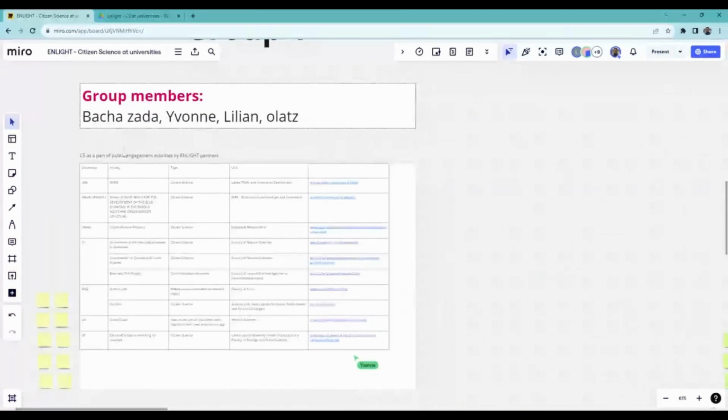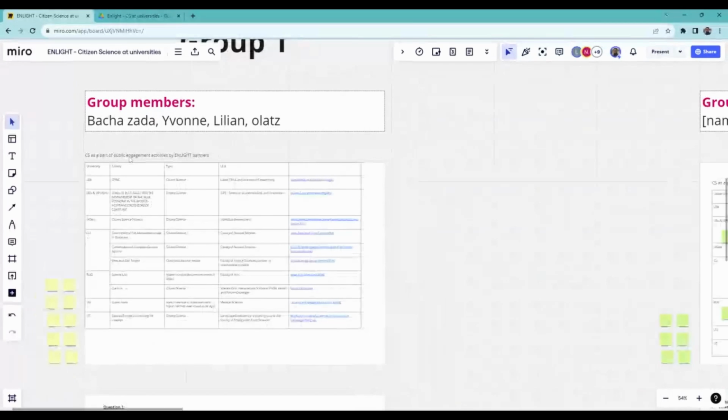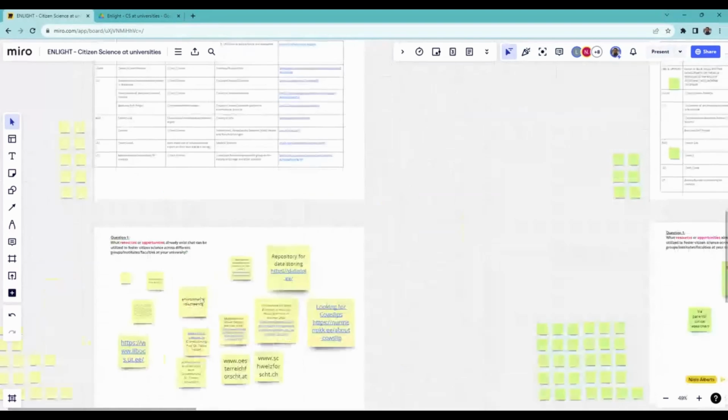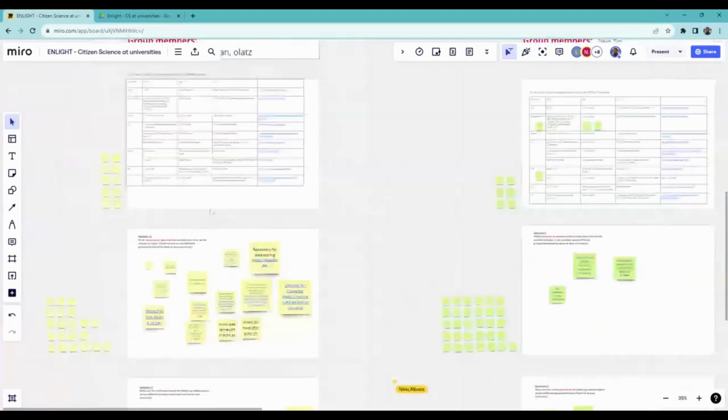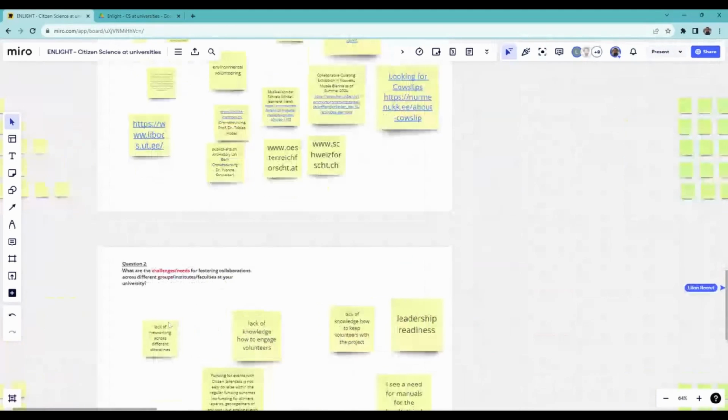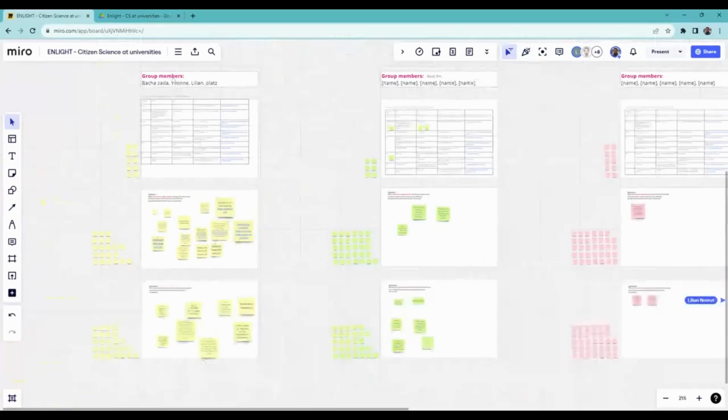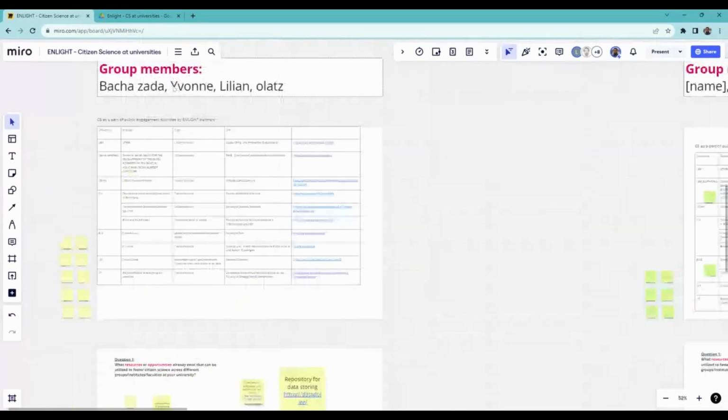May I ask one person from group number 1 just to give us a quick summary of the resources and opportunities that they identified, but also the challenges and needs. Do we have a representative?